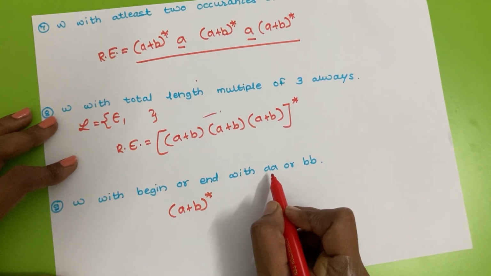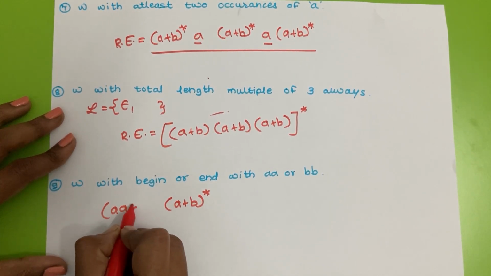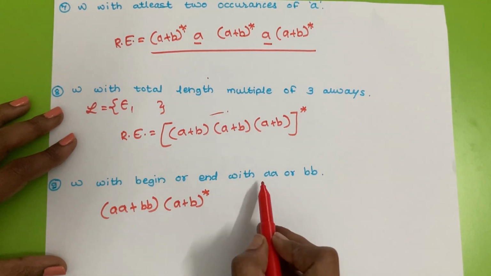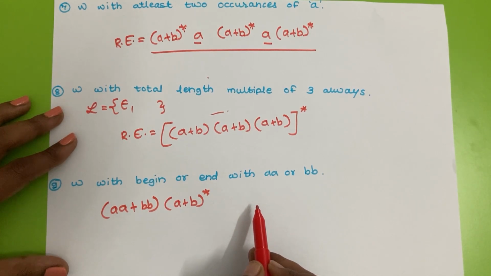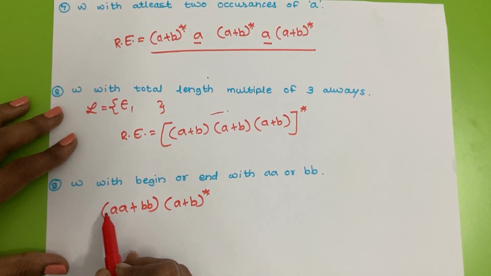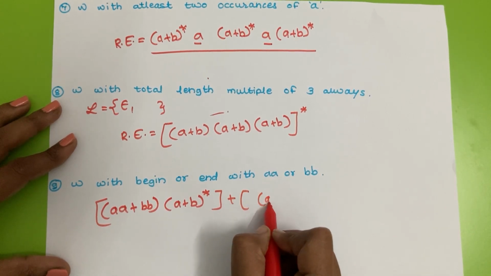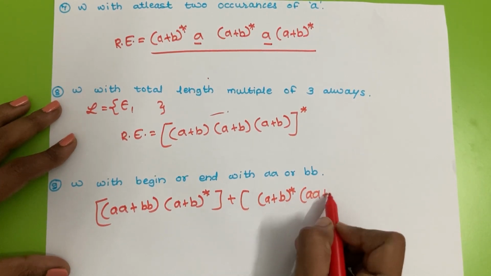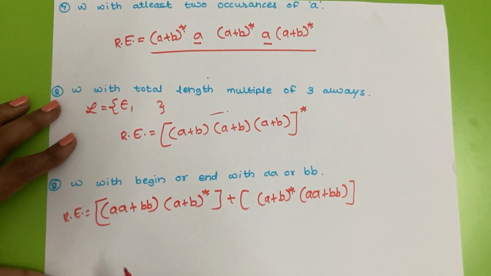If I want the double A or double B at the start of the string, then that will be written before the (A plus B) bracket star. It means after this AA or BB, I can have any combination of A and B, if these two appear at the start. Or it can be possible that it will appear at the last, then that will be concatenated after (A plus B) bracket star. So (AA plus BB). So this will be our final regular expression.